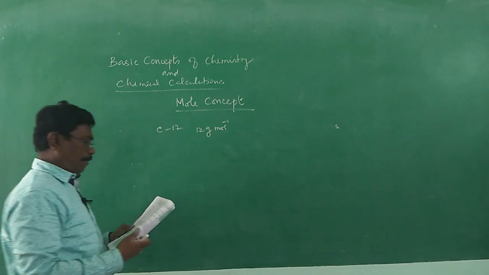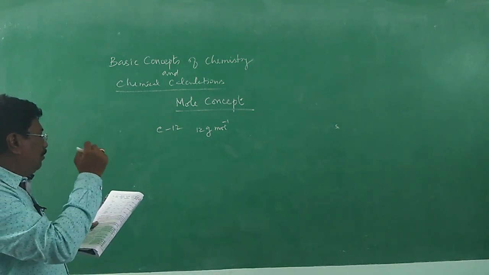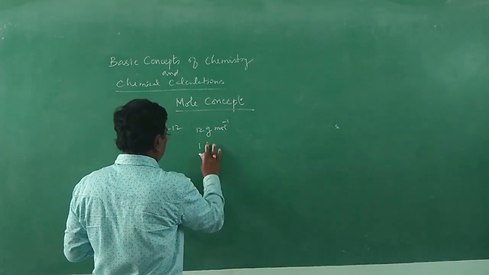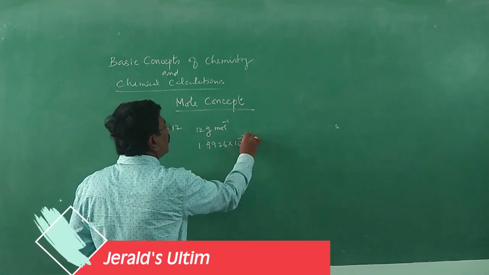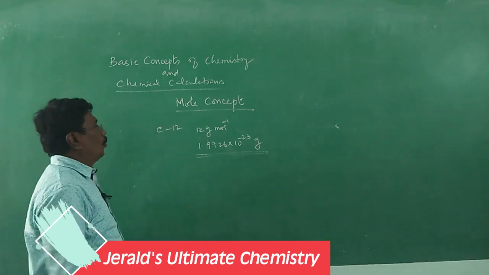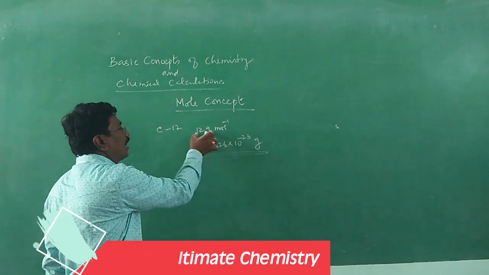So mass of single atom of carbon is found to be 1.9926 in 10 power minus 23. This number we need not memorize. 1 mole means 6.022 in 10 power 23 atoms will have 12 grams.